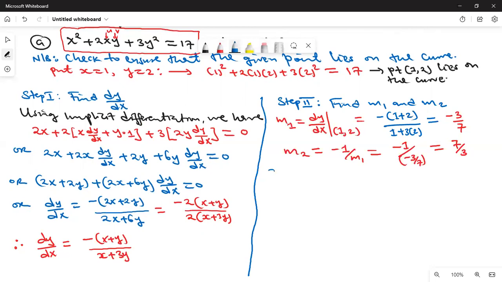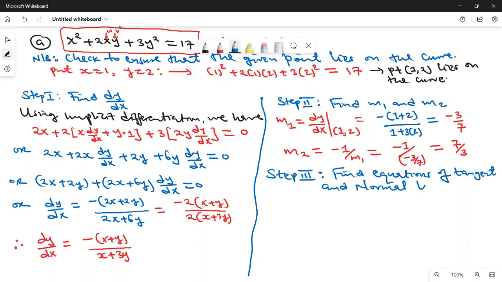Now the last step, step 3. Find equations of tangent and normal lines.